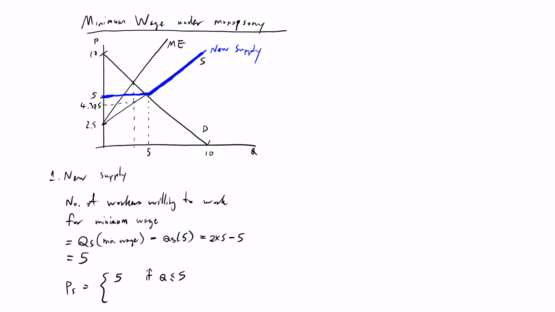But what if you have more? Then you're just paying them what the original supply curve says you should be paying them, which is 2p minus 5. So that's the new supply curve. It has 2 parts. One states what happens when you hire only minimum wage workers, and the other part tells you what happens when you hire workers other than those who are willing to accept minimum wage.